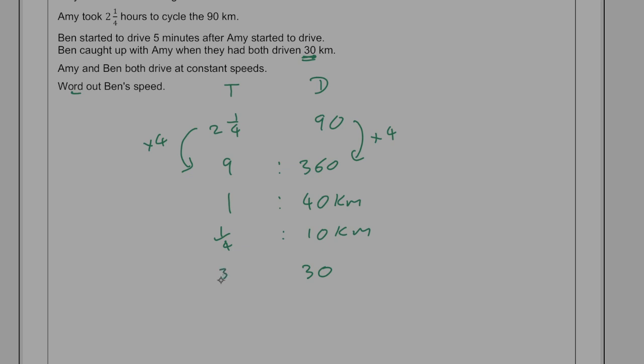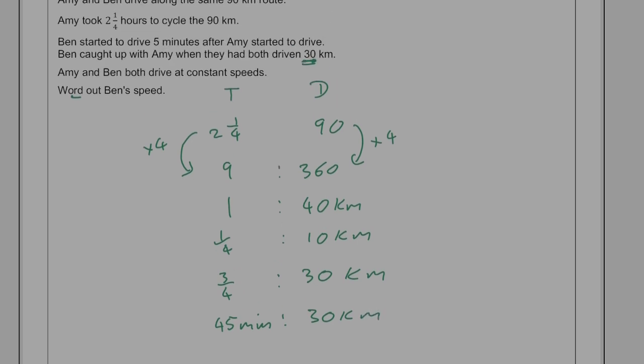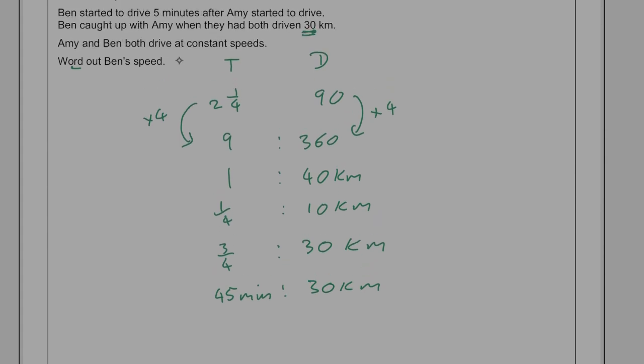So it would be 3/4 of an hour to do 30 kilometers. So 3/4 of an hour is going to be 45 minutes to travel 30 kilometers. Right.